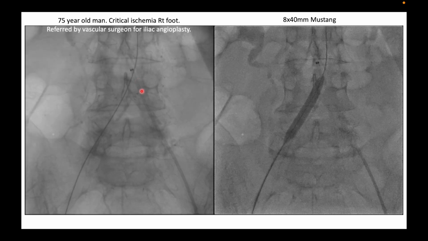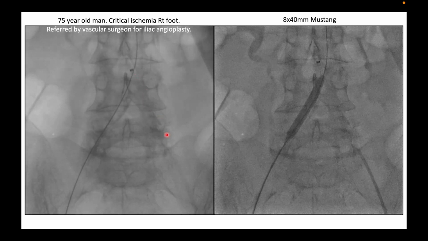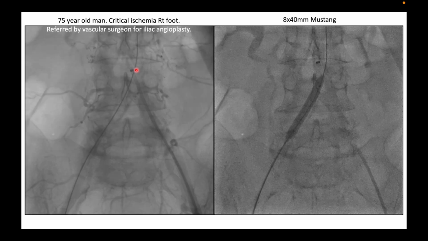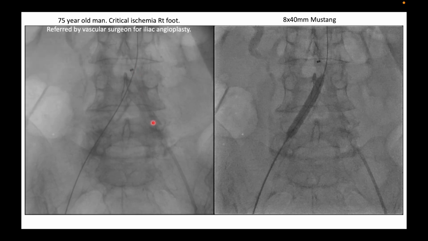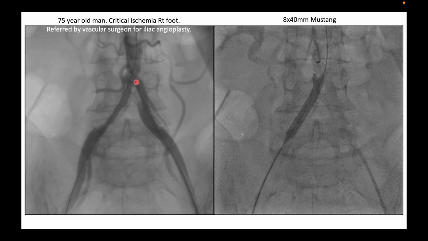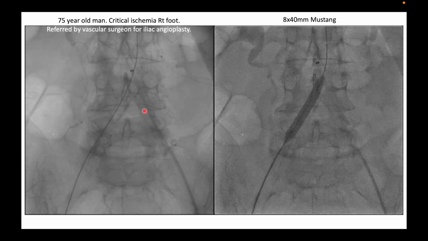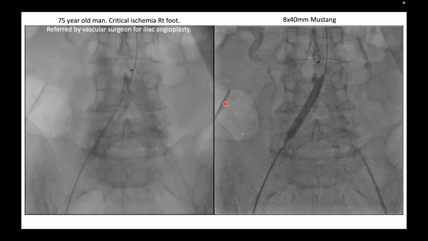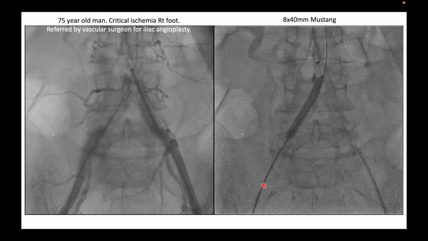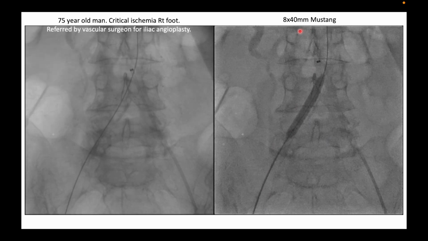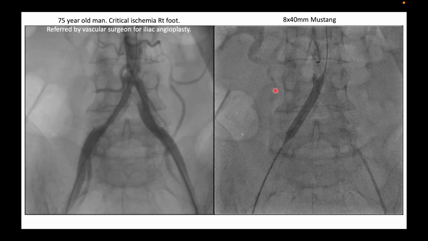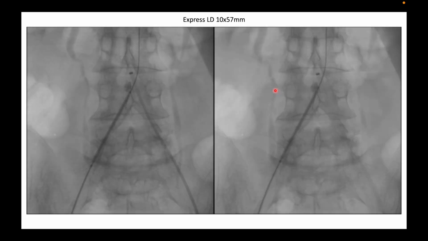So if anything happens to the left, the sheath is across, we can easily bring in a balloon or a stent here and unsheath it and then place it here. So this is just a protective thing, but the wire is crossed from the right femoral access, and then an 8x40 millimeter Mustang balloon from Boston Scientific is used for pre-dilatation.